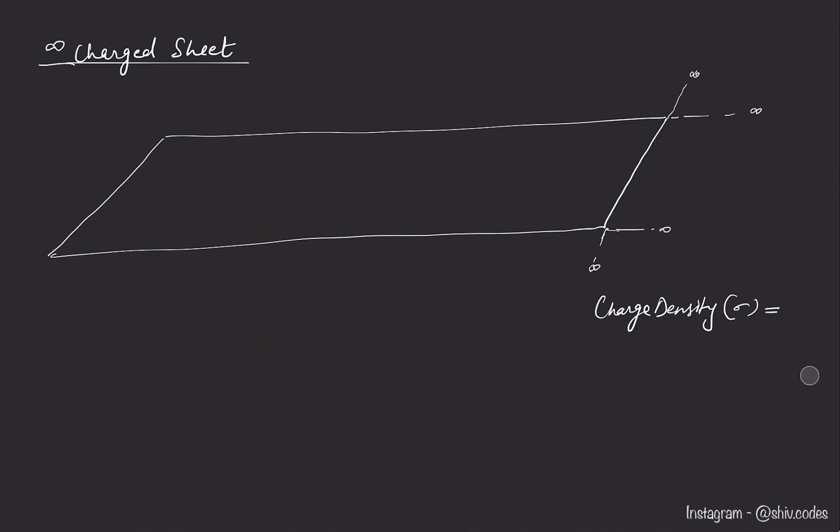It can be meter square, it can be centimeter square, depending on the units provided to you. But the point is, per unit area, let's say per meter square, how much charge is available? Let's say this sheet is filled with positive charges. If we take a unit area, let's say 1 meter square of this sheet, then how much charge will it contain? That is the value sigma. So it will contain sigma charge.